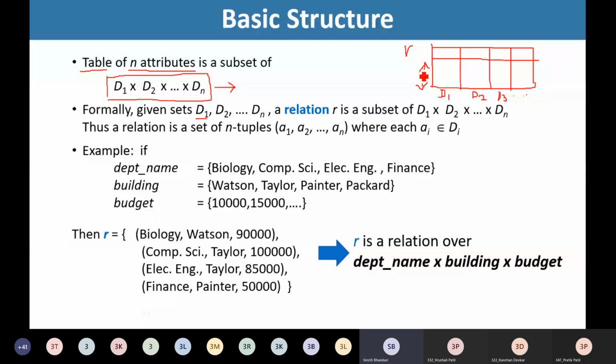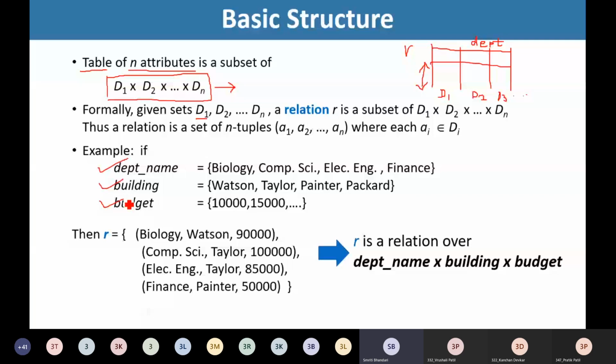Let us see one example. Suppose we are talking about the relation department. In our department relation, we have three attributes: department name, building, and budget.